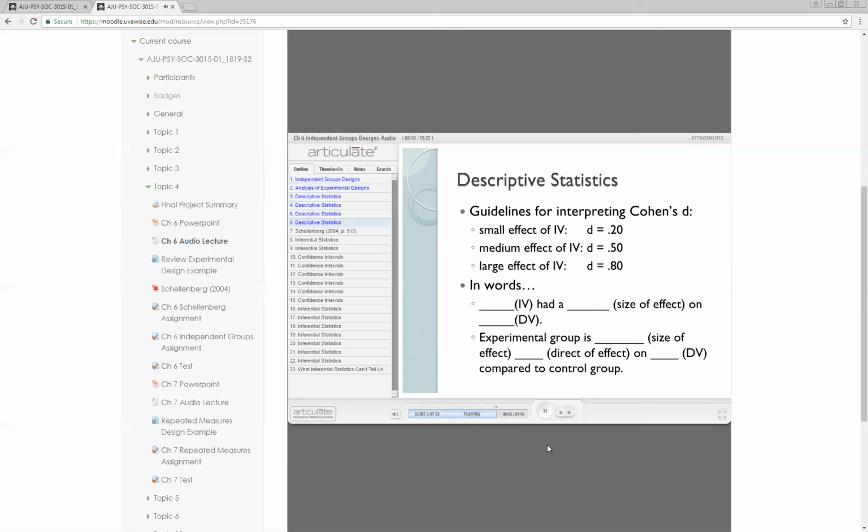So that's the easiest way to talk about it. You can also use the second strategy, which is a little messier, but you can talk about which group is higher. So hypothetically, we might say that the tutoring group was to a medium extent larger than the non-tutoring group in terms of grades.